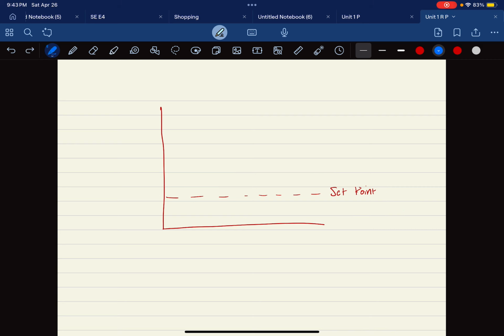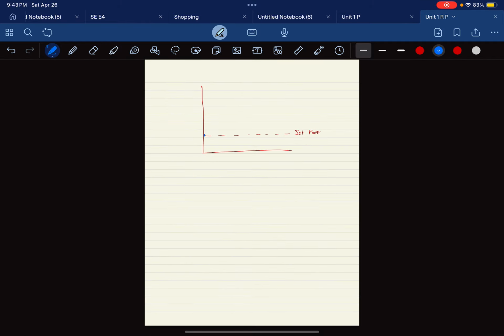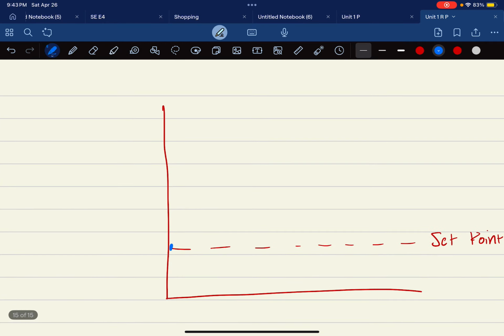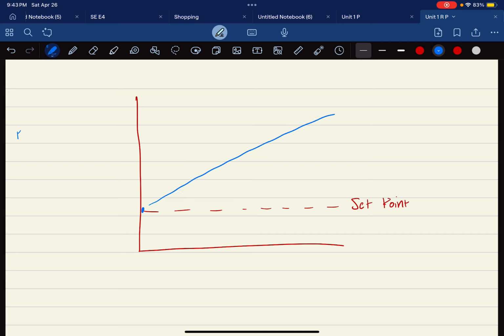So right here at set point, and that's the desired spot. But it can go two ways. It could either go up or it could come down.